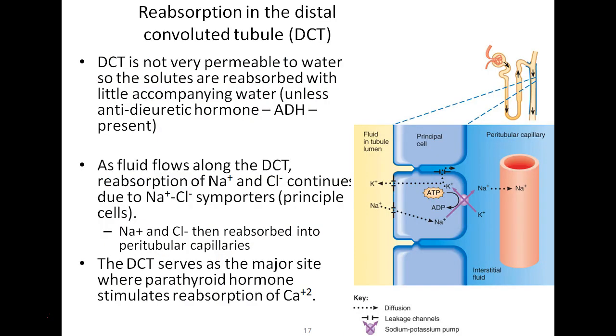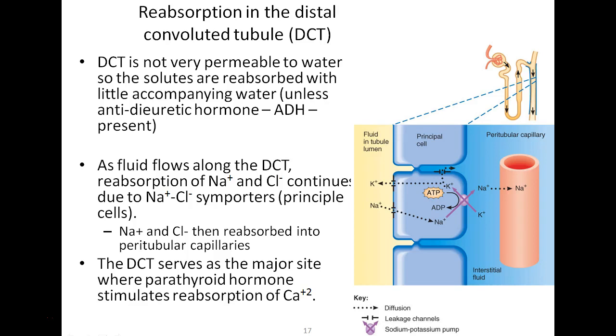Now we turn our attention to how reabsorption occurs in the distal convoluted tubule. This distal convoluted tubule is not very permeable to water, so we're not so much concerned about water reabsorption here, unless that is we're affected by ADH.